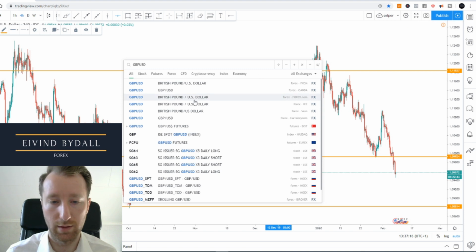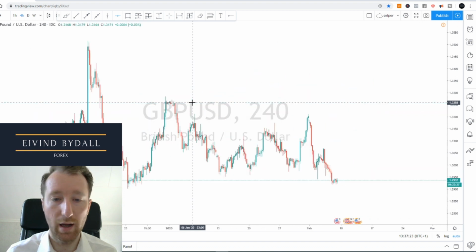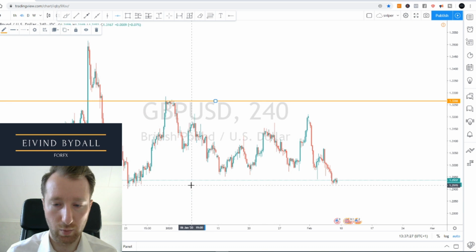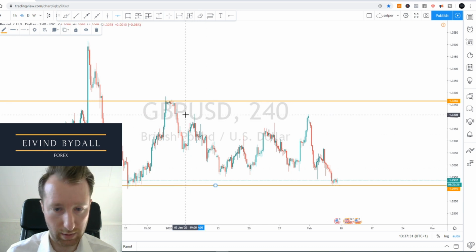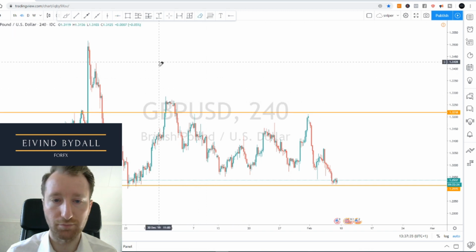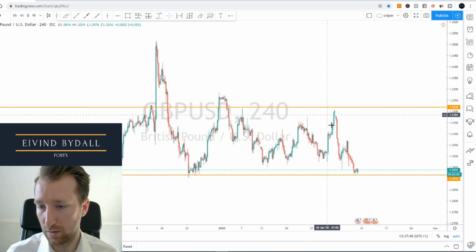For GBP/USD, for example, let's go there. Swing high, swing low. Any chart. Has it been rejected before? This must be a better price, I guess. So, swing high, swing low, swing high, swing low.